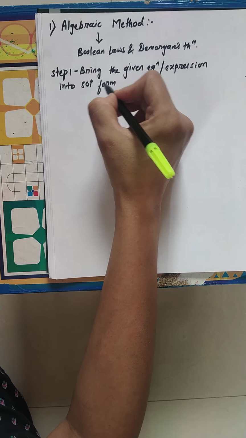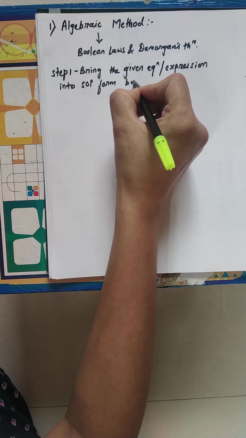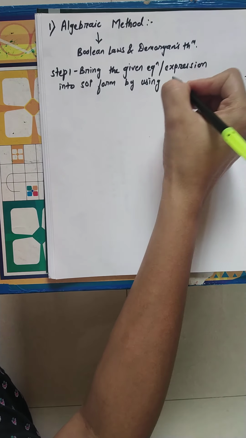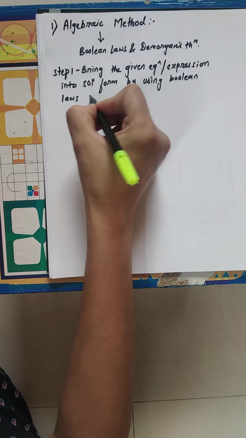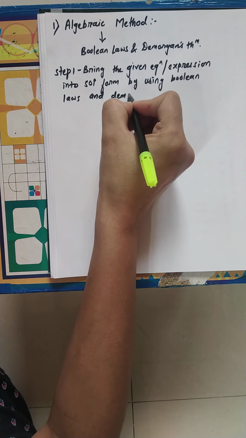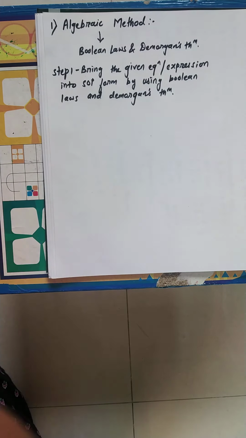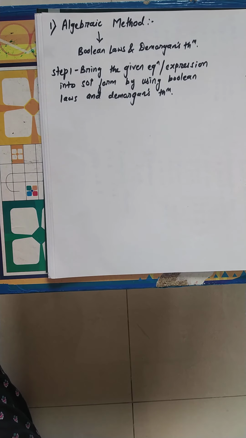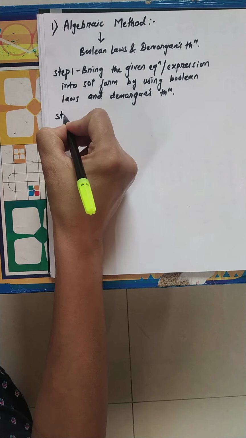For converting the given equation into SOP form, we have to use Boolean laws and De Morgan's theorems. So the output of step 1 is that the equation we were provided is converted into SOP form, using Boolean laws and De Morgan's theorems. Right, now our equation is in SOP form.